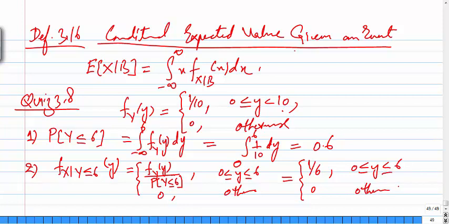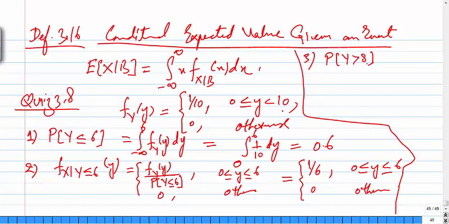Now the third question is to find the probability that Y is greater than 8.